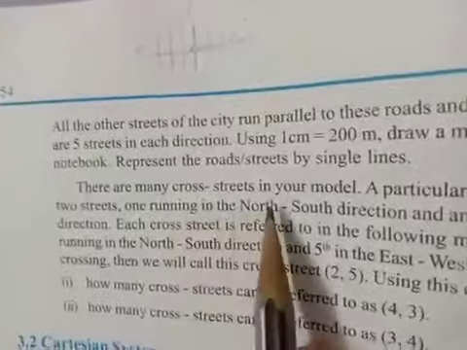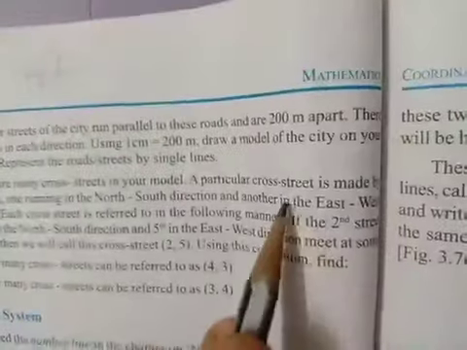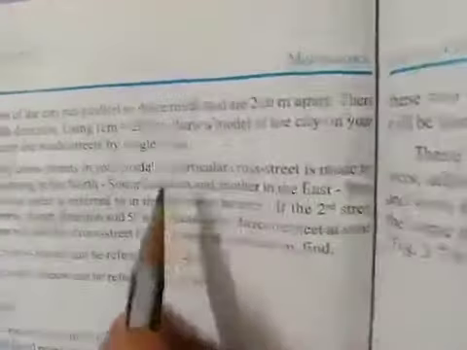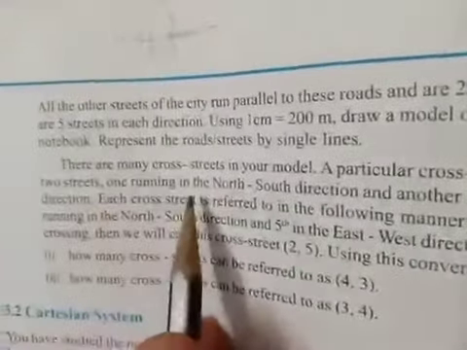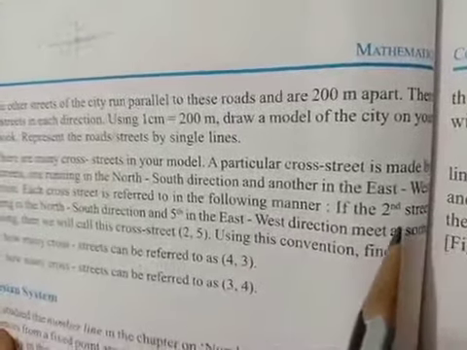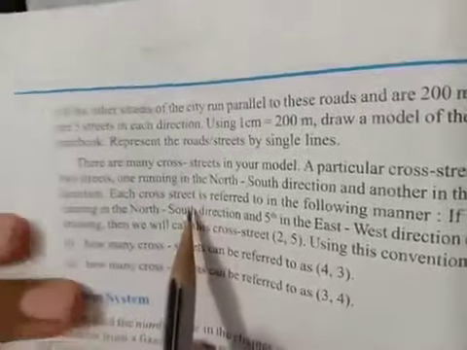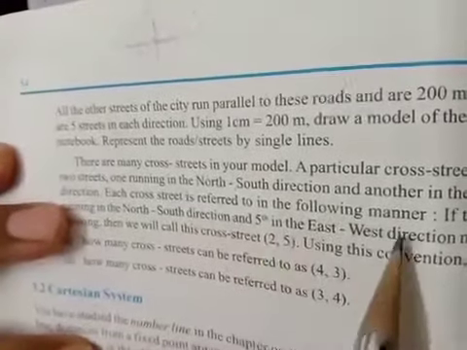There are many cross streets in your model. A particular cross street is made by 2 streets, one running in the north south direction and another in the east west direction. Each cross street is referred to in the following manner.